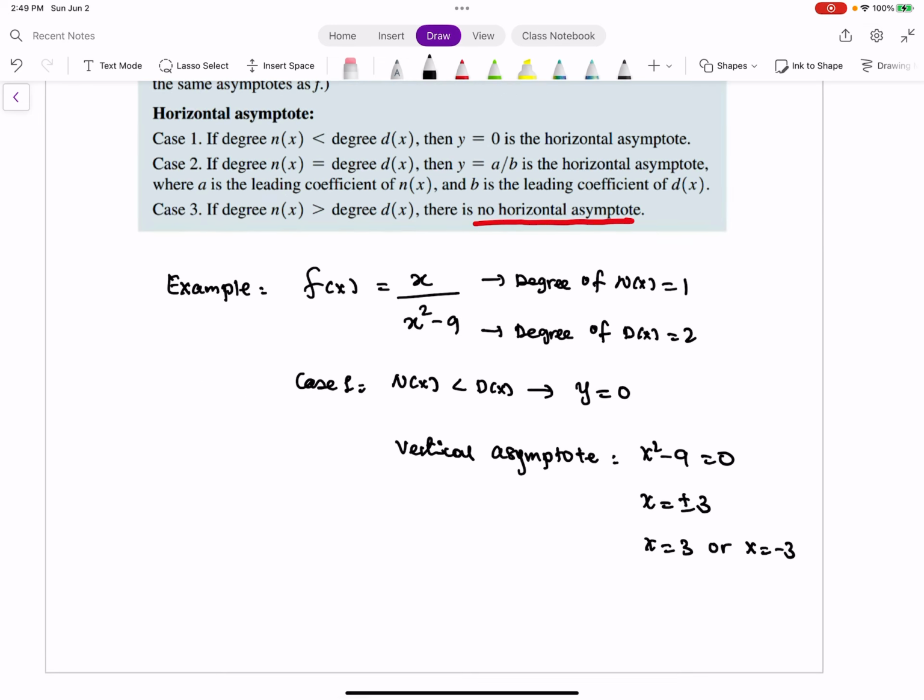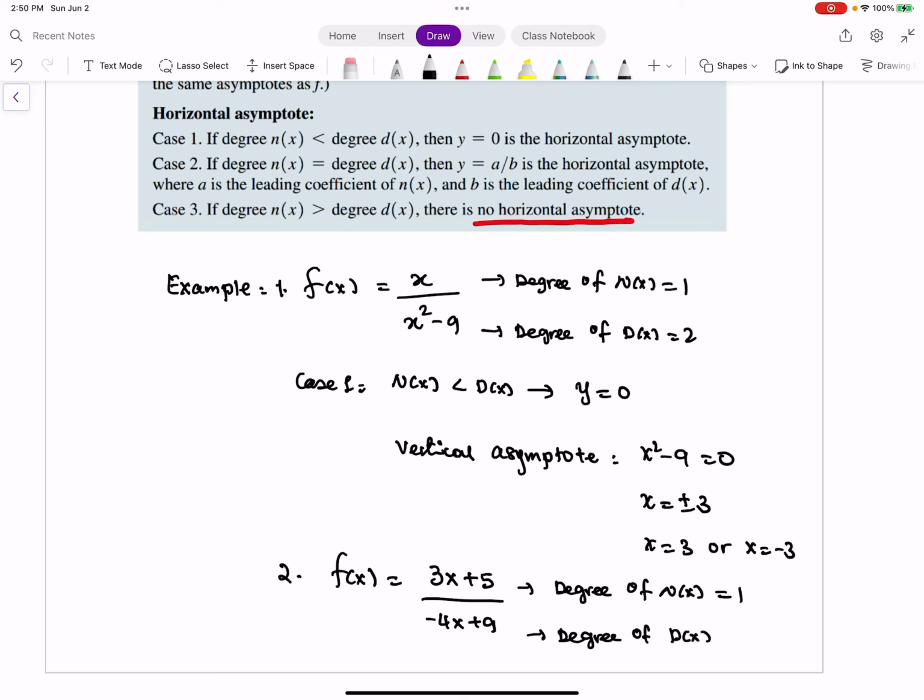So this is the first case. Let's see the second case. Let's say f of x is equal to 3x plus 5 divided by minus 4x plus 9. Remember, the degree of n of x is 1, and the degree of the denominator is 1.